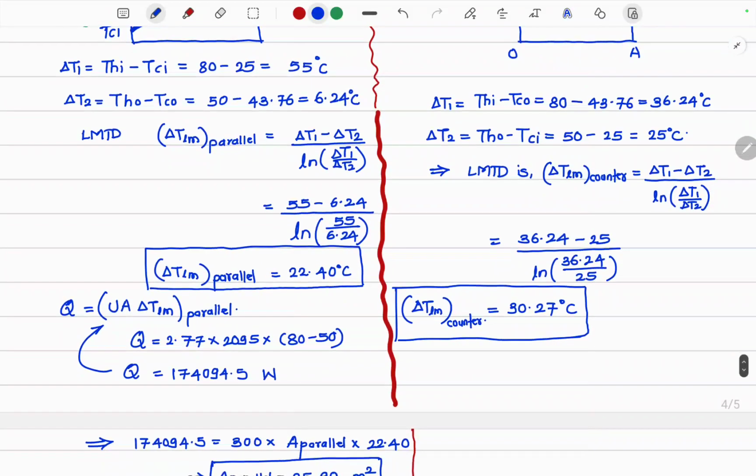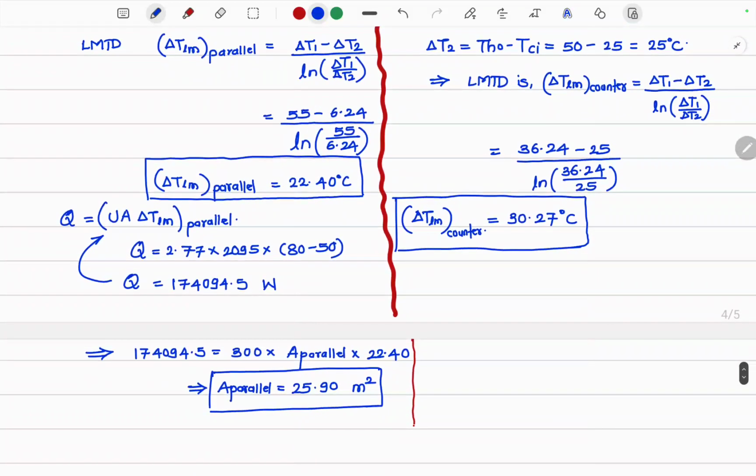Fine. So again we will be using the same philosophy. Q is equal to UA delta T LM in case of counter flow. So now how much is Q? It will remain the same, 174094.5.